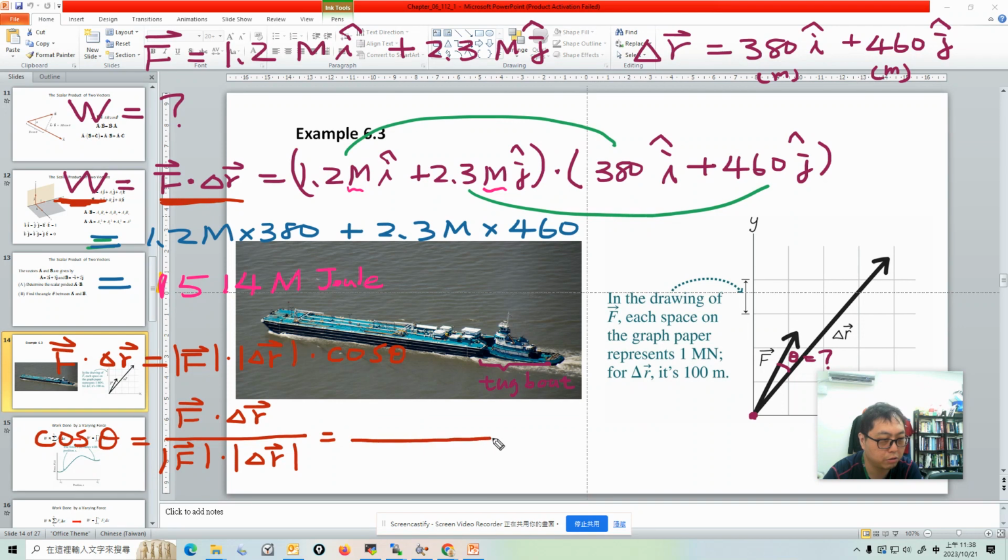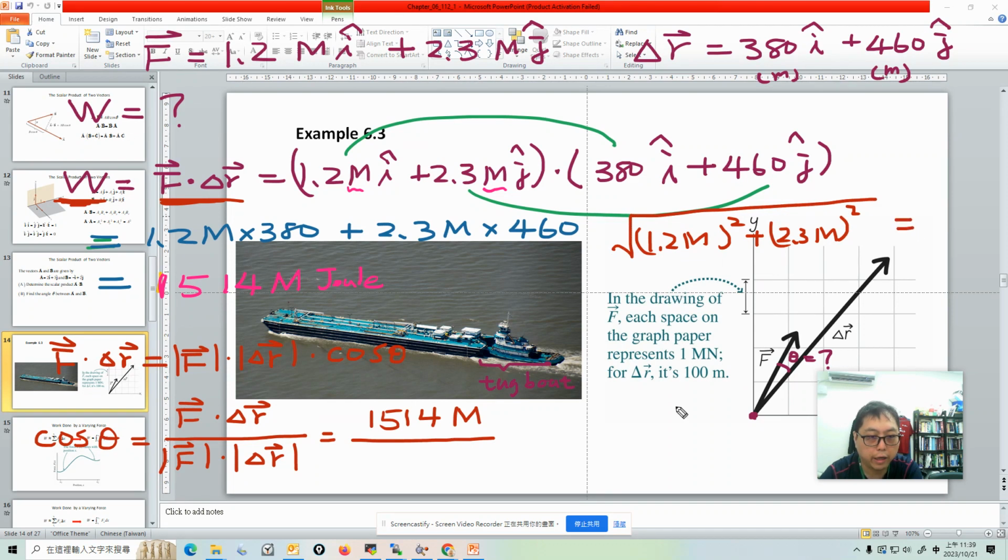So it's 1514 mega. The other things we need are the magnitude of force and the magnitude of the displacement vector. The magnitude of force is simple. If you remember in chapter 2, how do we calculate the magnitude of a vector? It's 1.2 mega squared plus 2.3 mega squared, and square root.